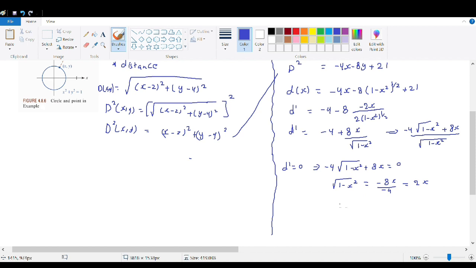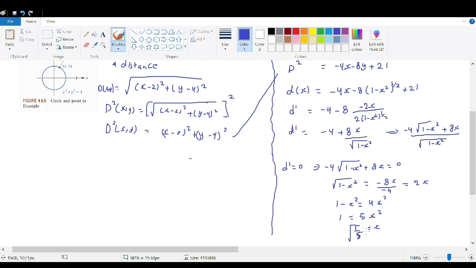So if we square both sides, 1 minus x squared will be equal to 4x squared. Moving this squared to the other side, 1 will be equal to 5x squared. So x squared will be 1 over 5, and we need to take the square root, so x will be equal to the square root of 1 over 5. We didn't take plus or minus because x is restricted to be positive.